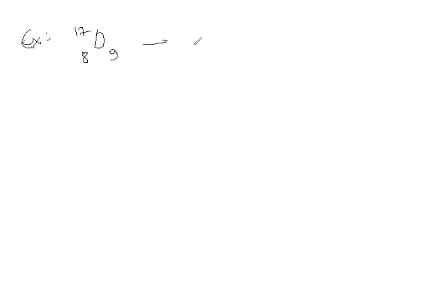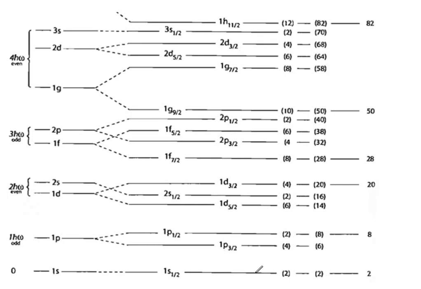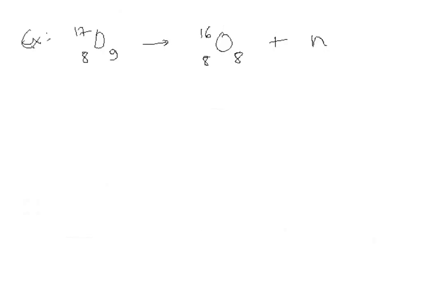So basically we can think of it as 16 oxygen, 8 plus 1 extra neutron. Now, let me write this. 16 oxygen means, in this case, this is all filled up for each proton and neutron. So let me write it separately.